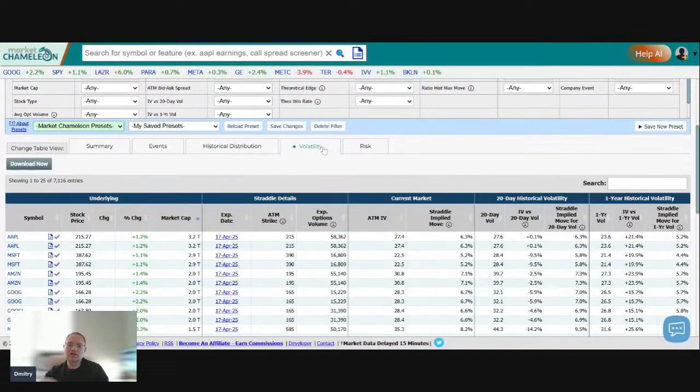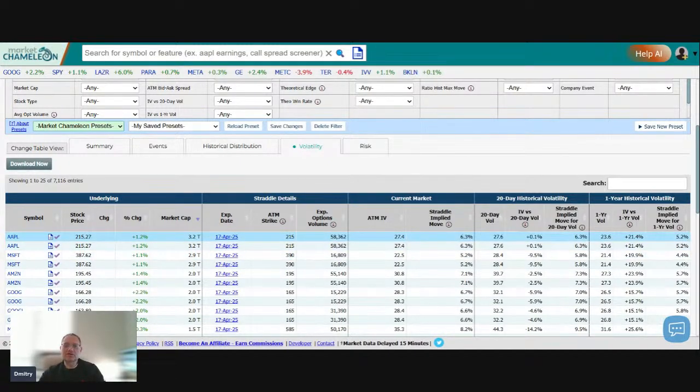So we'll go here to the volatility tab, and now we can compare the current volatility, 27.4, versus historical volatility. When we look at historical volatility, we have to define how we are measuring it. You'd have to look at, am I looking at 20 days of data, 100 days of data, longer? Because to calculate the volatility, we're looking at log returns of stock movements over some period.